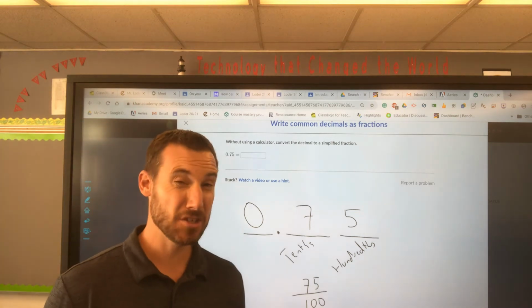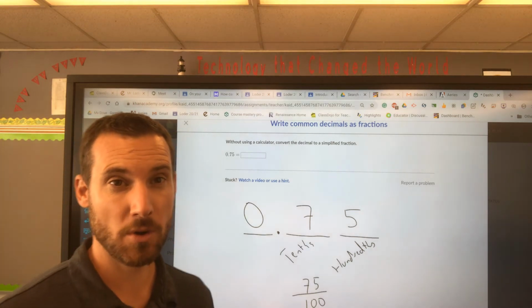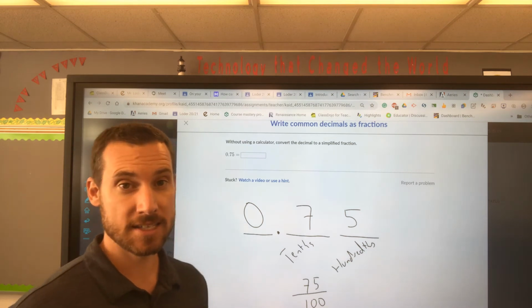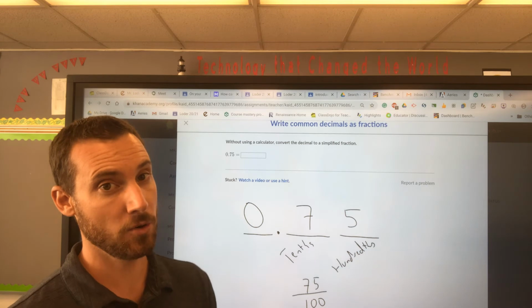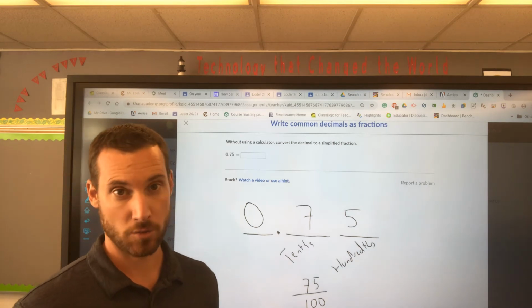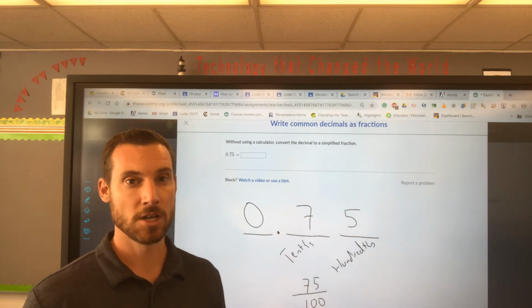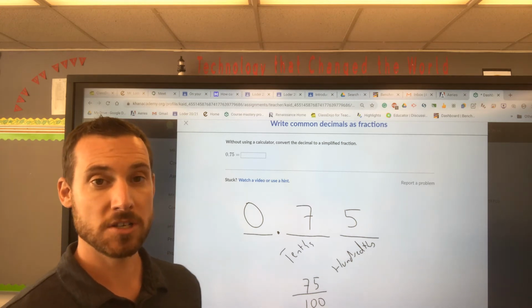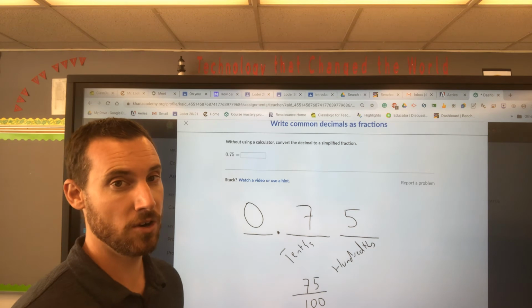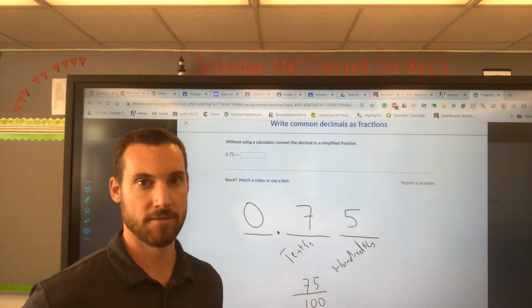Now, there's kind of a trick here with 25, 50, 75, and 100, and it has to do with quarters. If I give you 1 quarter, you have 25 cents. If I give you 2 quarters, you have 50 cents. If I give you 3 quarters, you have 75 cents, and if I give you 4 quarters, you have $1, or you have 100 cents.